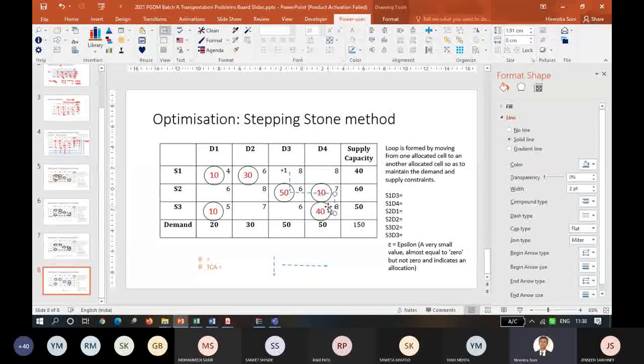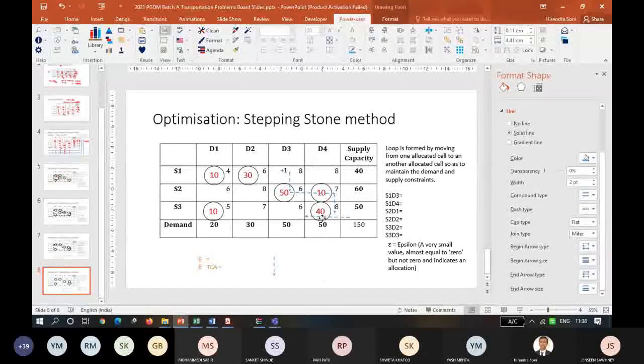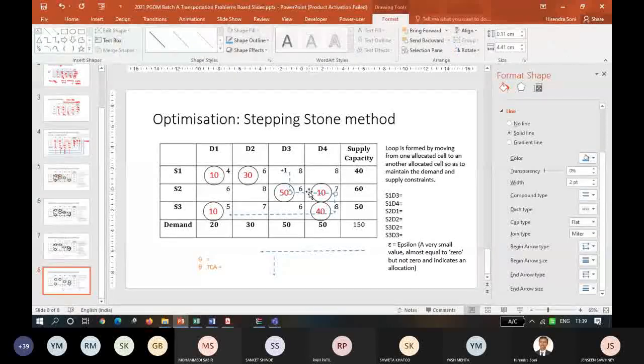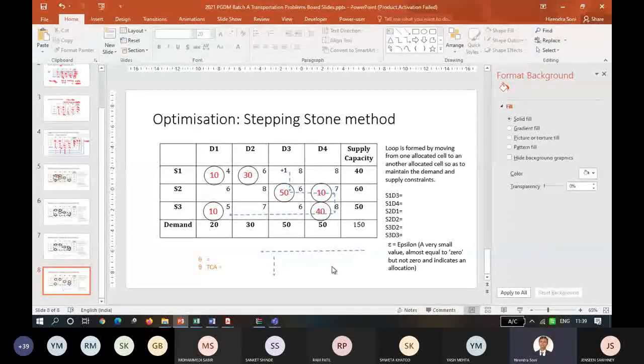S3 D4. After S3 D4, S3 D1. S3 D1. After S3 D1, S1 D1. S1 D1.